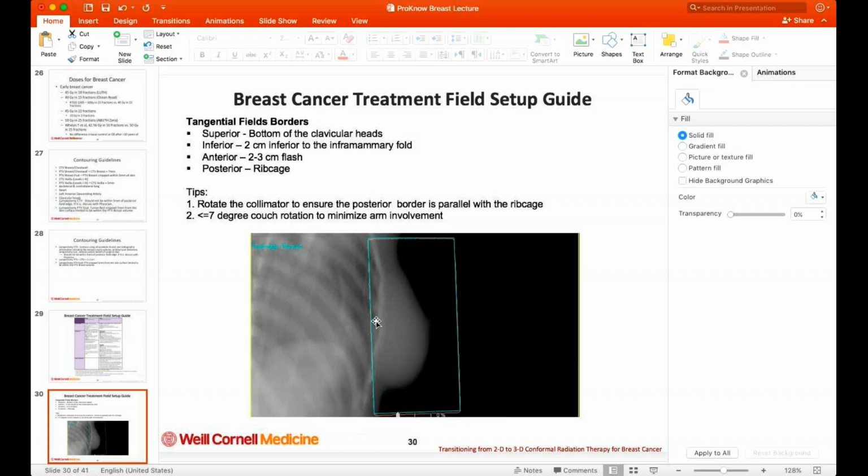You can also, in some instances, rotate the couch itself because that will minimize the amount of arm that is being treated. Sometimes you're catching a lot of the arm, especially in large patients. And if you rotate the couch, you can come off the arm because that's normal tissue that you don't necessarily have to treat.